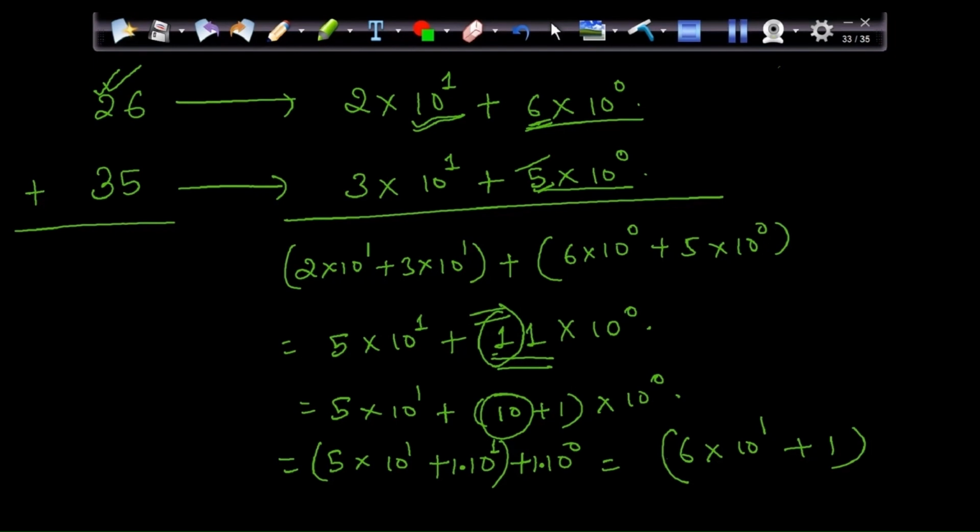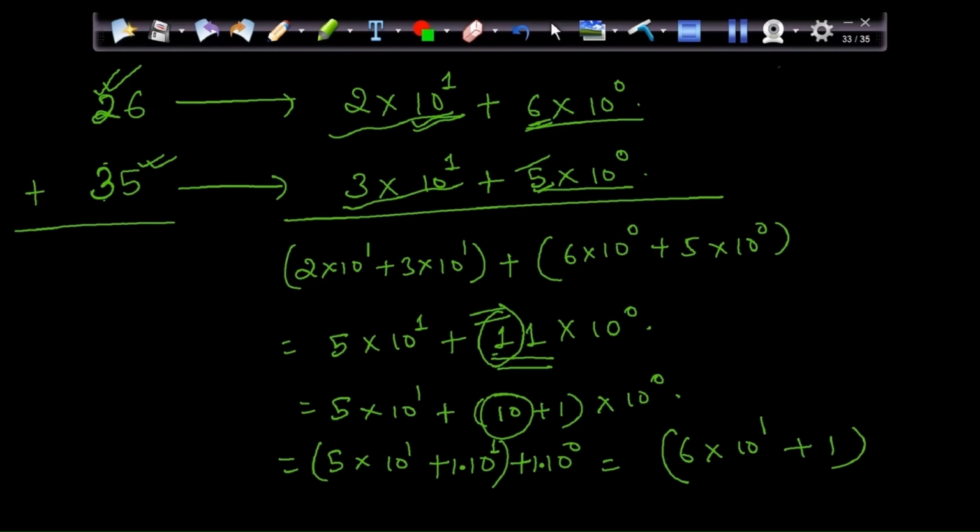So the value of the digit 2 at the tens place is 2 into 10 to the power 1. Similarly, the value of digit 3 at the tens place is 3 into 10 to the power 1. If this 3 was not at the tens place but at, let's say, the ones place, then the value of 3 would be 3 into 10 to the power 0.